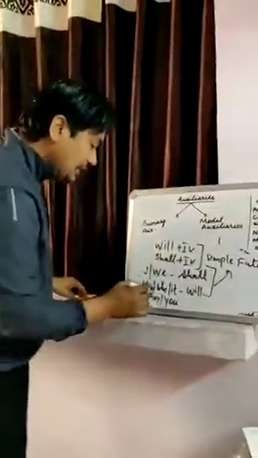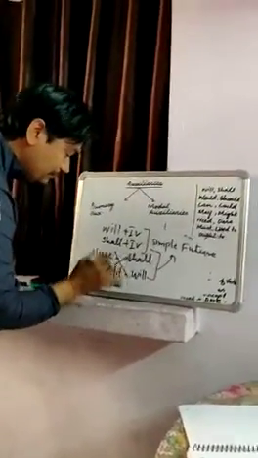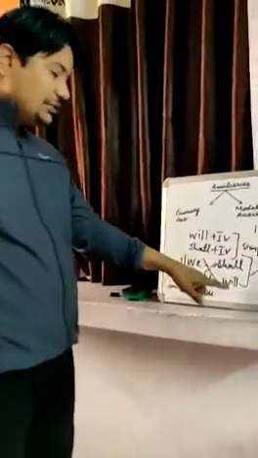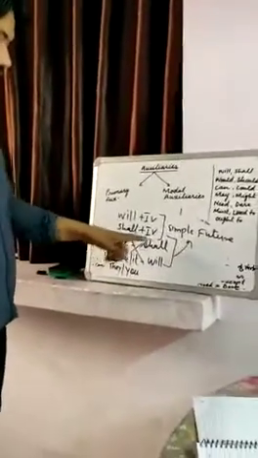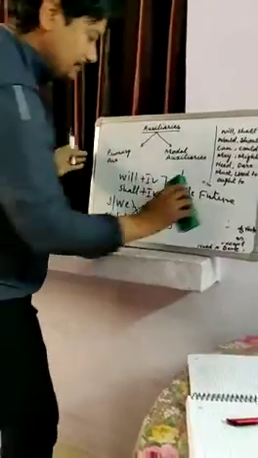Simple future tense. But if I cross them, means with I and we I use will, with rest I use shall, then will and shall indicate what?